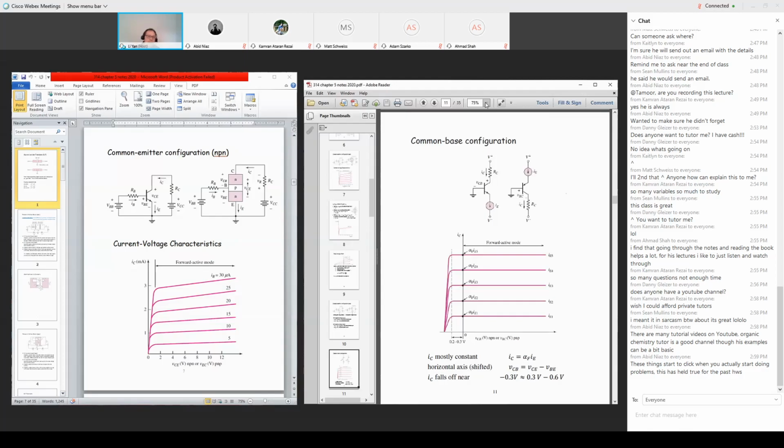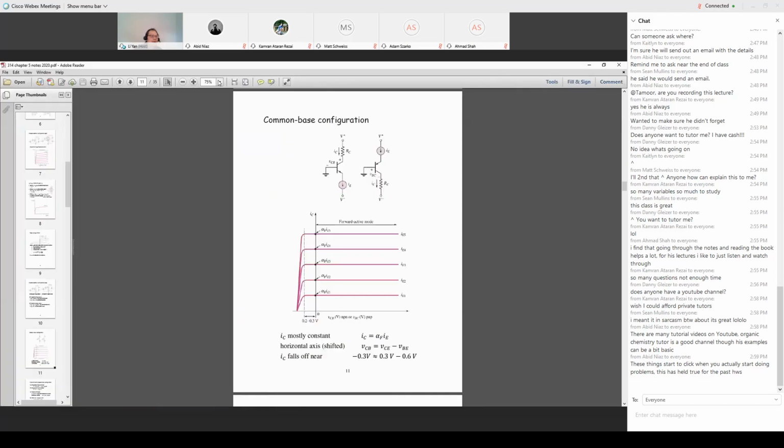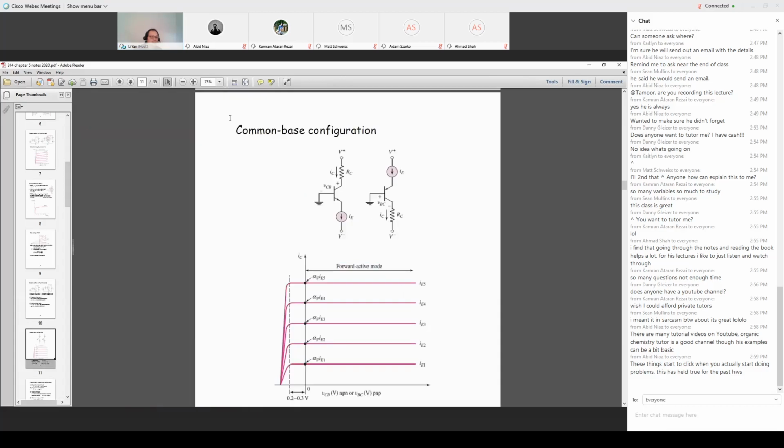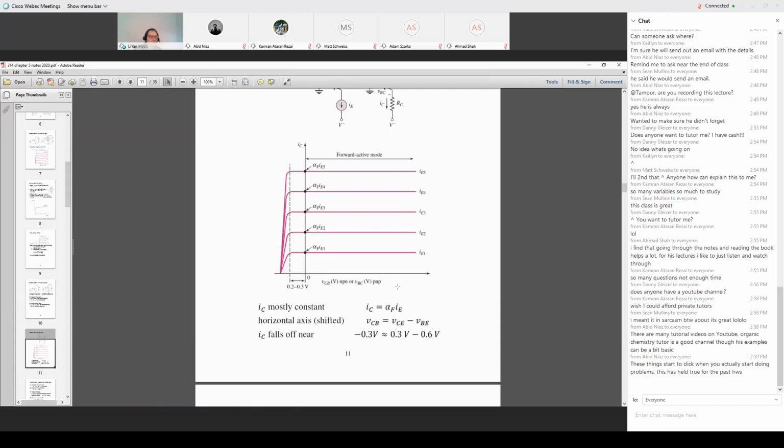Let me just expand to 100%. I hope this is larger. The current IC versus voltage VCB has this family of lines.